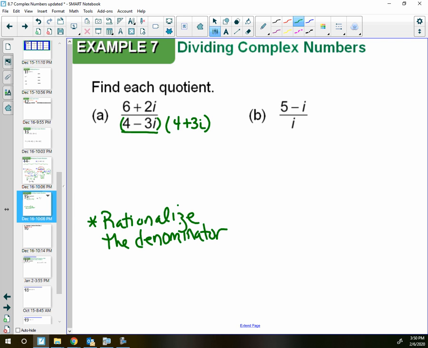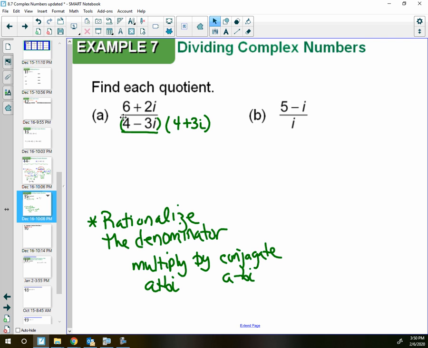So to do that, if it's a binomial, we're going to multiply by what we call the conjugate. So multiply by the same exact factor, just opposite sign. That's called the conjugate. It's a binomial, so if you have a plus bi, the conjugate would be a minus bi. Same terms, just opposite sign. Because again, what that's going to allow us to do is have a nice whole number in the bottom.